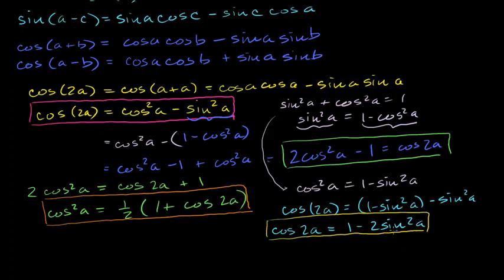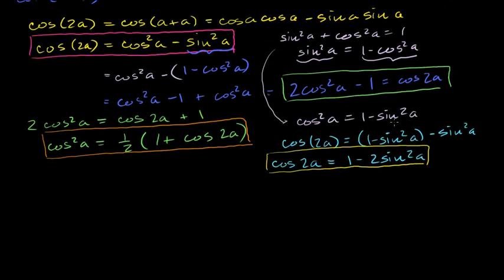Now, if we wanted to solve for sine squared of a, we could add it to both sides of the equation. If I just add 2 sine squared of a to both sides of this, I get 2 sine squared of a plus cosine of 2a is equal to 1.